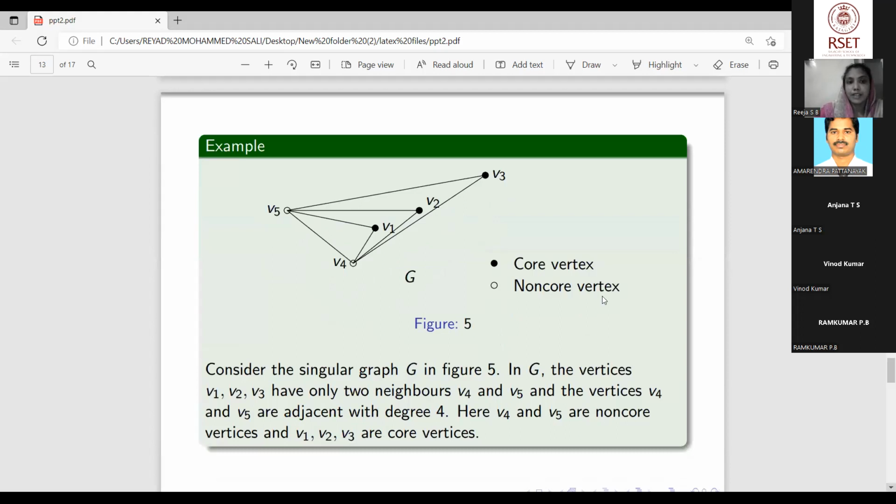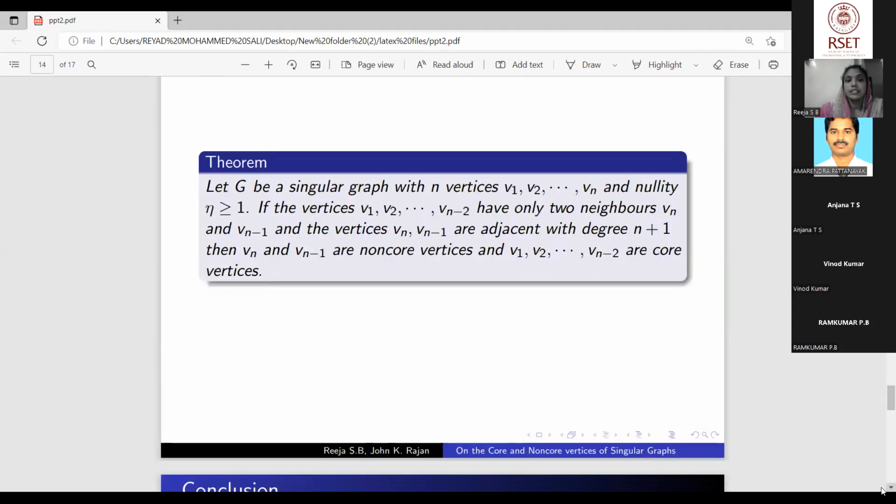Example, consider the singular graph G in figure 5. In G, the vertices V1, V2, V3 have only two neighbors, V4 and V5, and the vertices V4 and V5 are adjacent with the degree 4. Here, V4 and V5 are non-core vertices, and V1, V2, V3 are core vertices. Theorem.